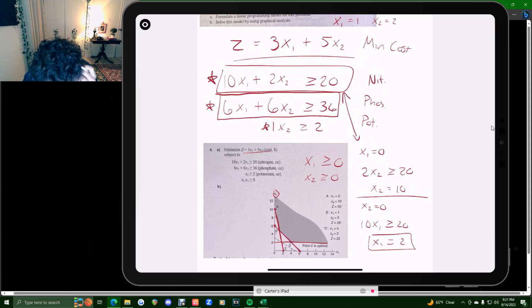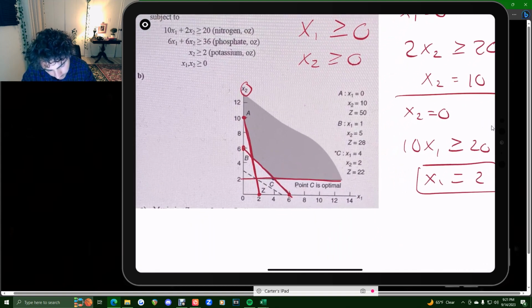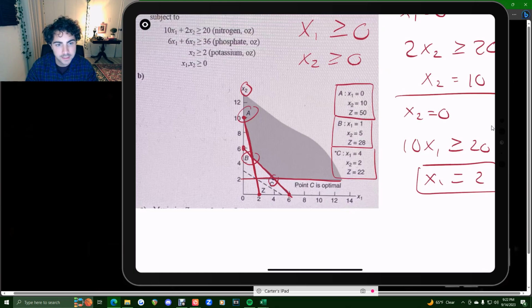So once you graph those 3 lines, I guess like the 3 red lines I've drawn here, there's some intersection points that kind of act as your critical points here. Really just the A, B, and C there. So A, B, and C are basically points you want to test at this point.